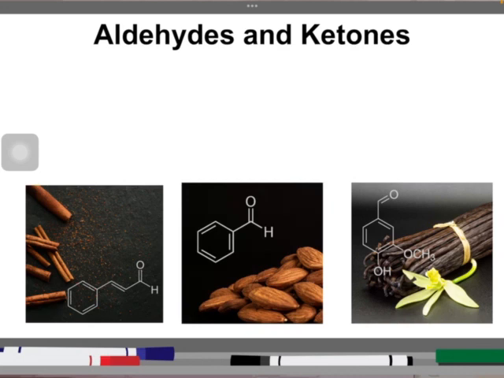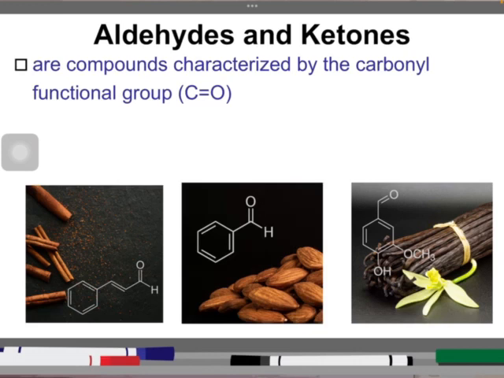So, let's define aldehydes and ketones. As I said earlier, they are compounds characterized by the carbonyl functional group or the C double bond O. Okay? And they occur widely in nature. For example, in this photo, we have three photos here with some structures embedded on top of it. The first one is your cinnamon.